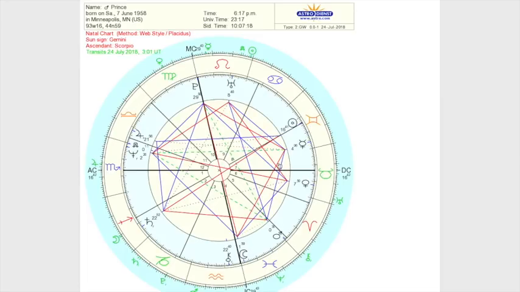Those are all what we call the personal planets, that you can see in somebody's personality. But the outer planets, Neptune, Jupiter, Pluto, Uranus, Saturn, you don't always see them in a person right away unless they're placed somewhere very significant, which is a little more complicated.